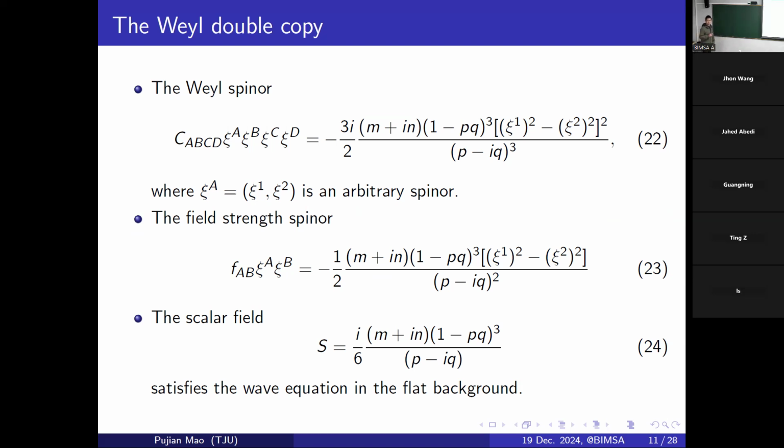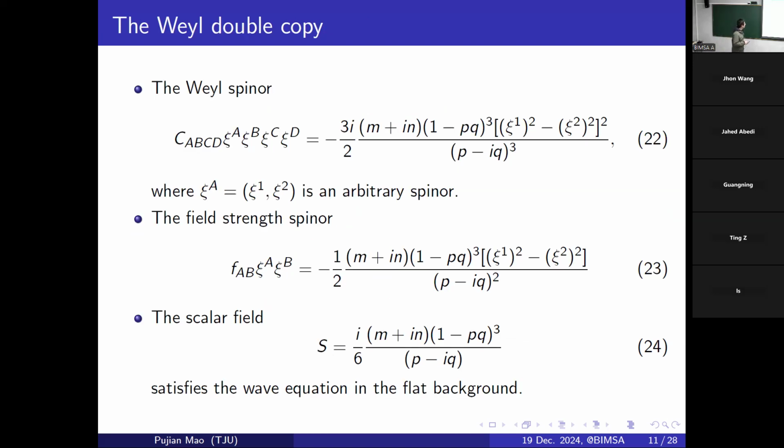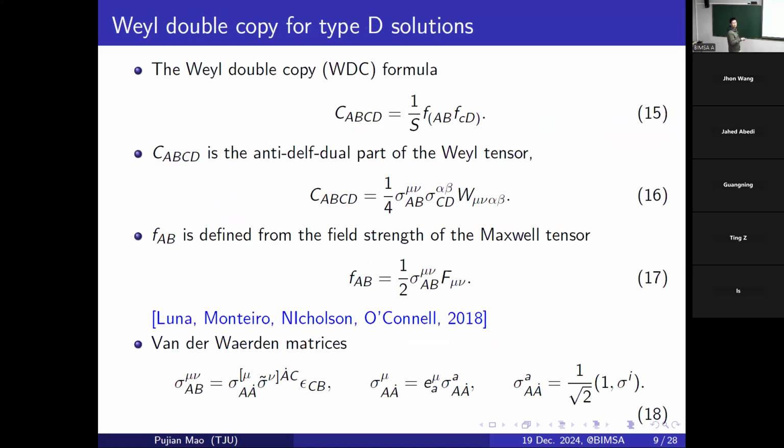That's a very important thing. If you believe Plebanski-Demianski is the most general type D solution, that means for every type D solution, you can find a Maxwell field plus a scalar field, which satisfies the wave equation, that satisfy a decomposition like this.